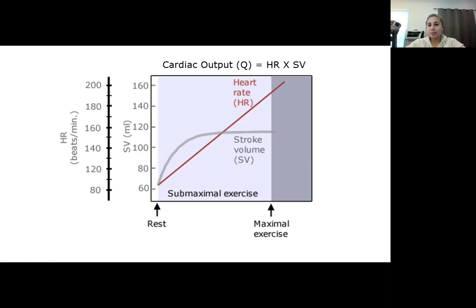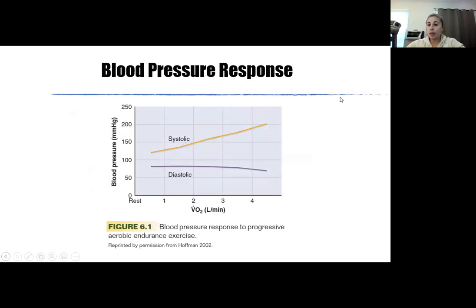All right, so I'll just clear that. Okay, so let's talk about blood pressure response, and I mentioned that already. We see systolic blood pressure increase and diastolic blood pressure doesn't really change. In this graph, we're looking at progressive increase in intensity as well. Here we see 1, 2, 3, 4.